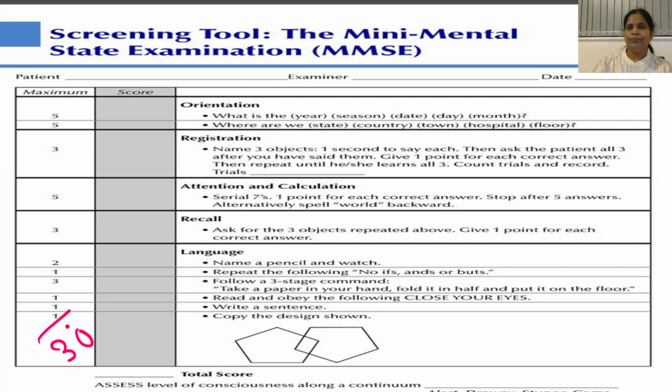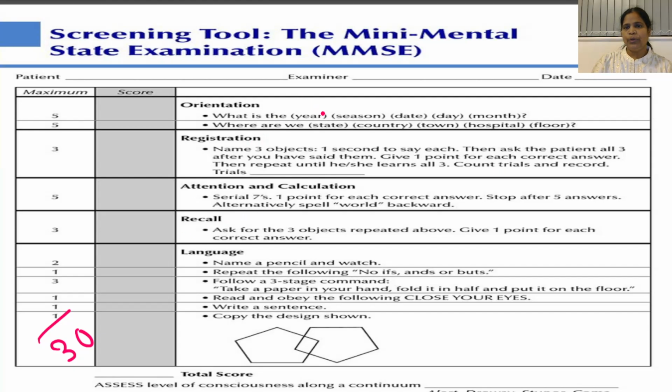Before we proceed further, make sure you fill in the patient's name, the name of the examiner, that is you, whoever is assessing the patient, and the date when the mini mental status examination is done.